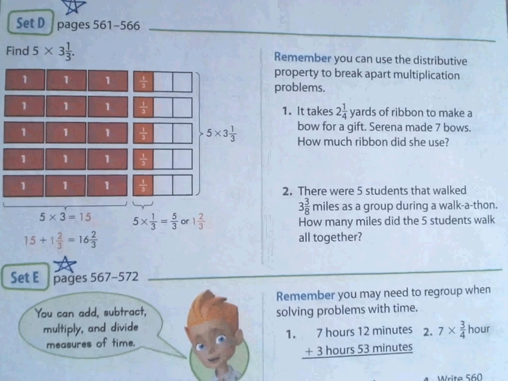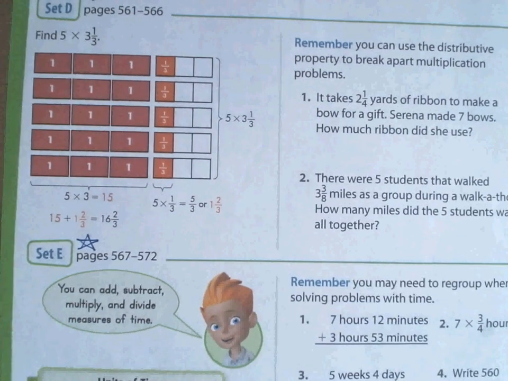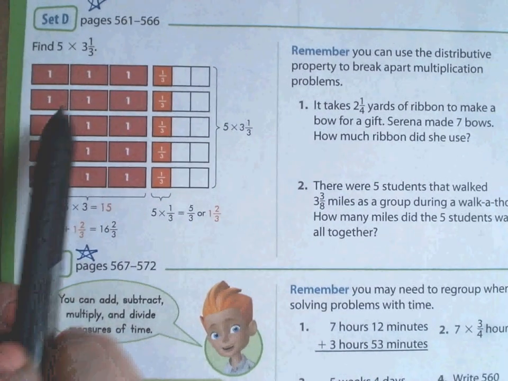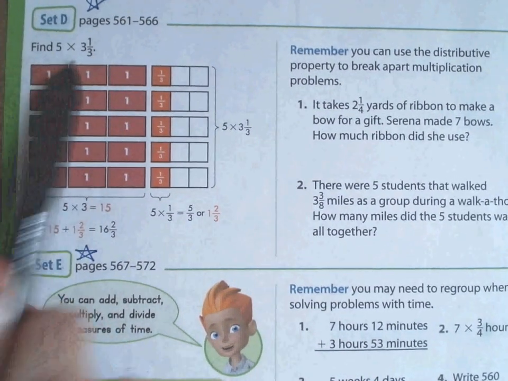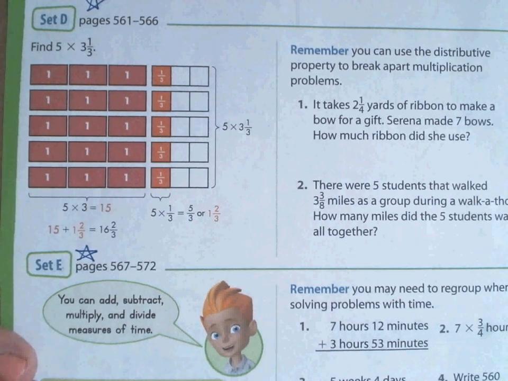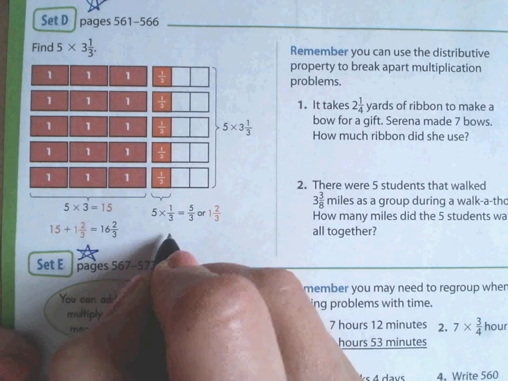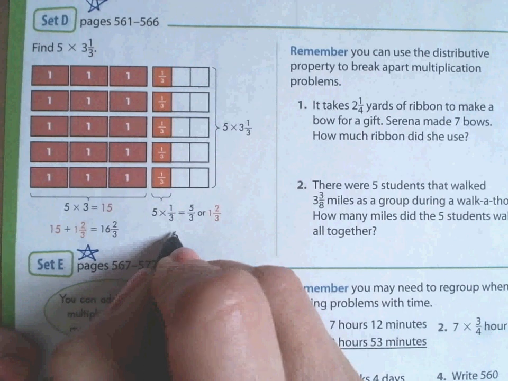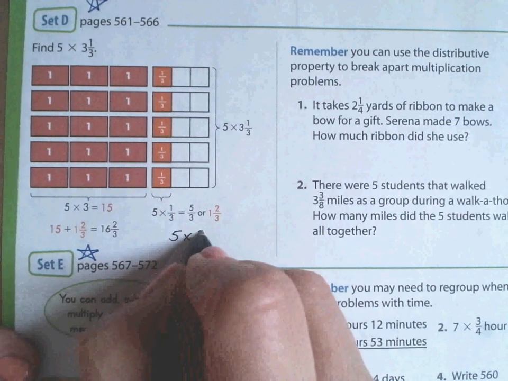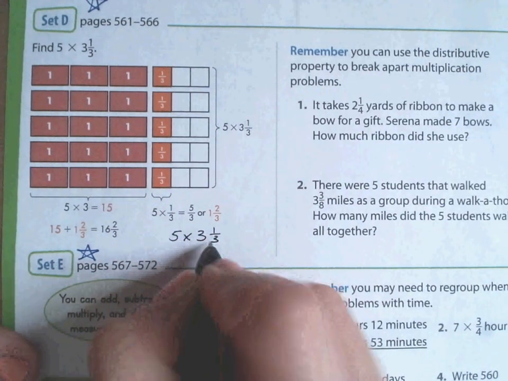So if I look at my example here, they're using multiplication to solve 5 times 3 and 1/3. So here they showed you the picture of how they use the distributive property. I am going to write this out so that it looks a little bit more familiar. 5 times 3 and 1/3.